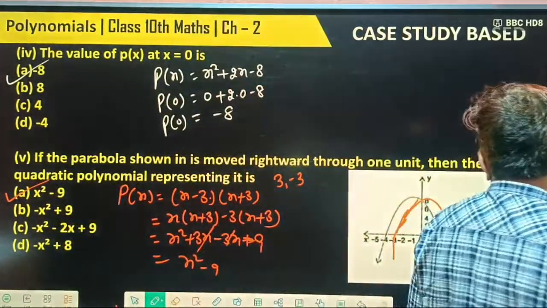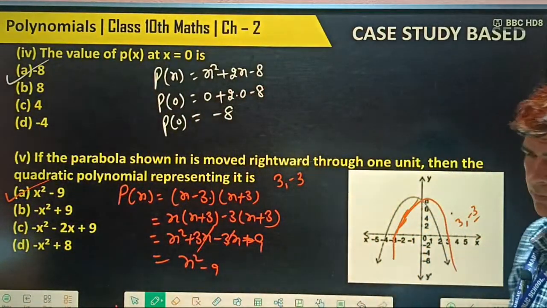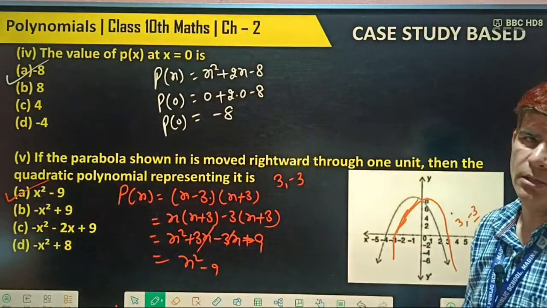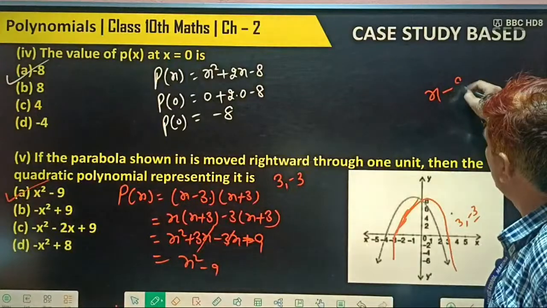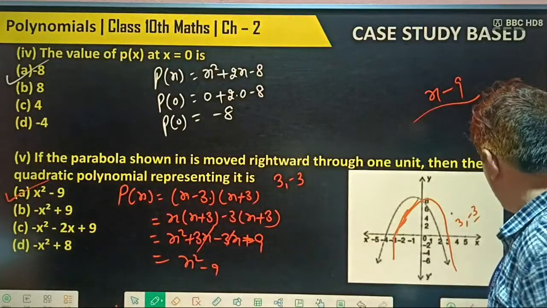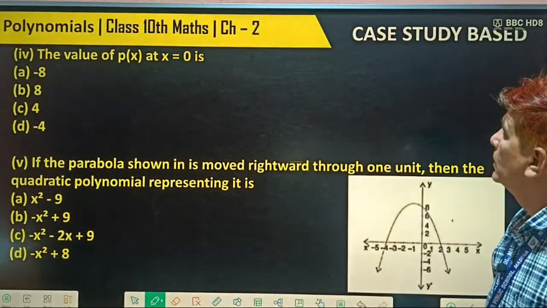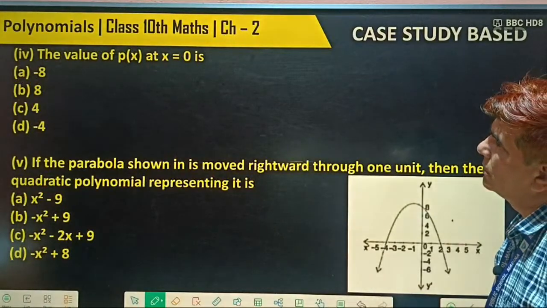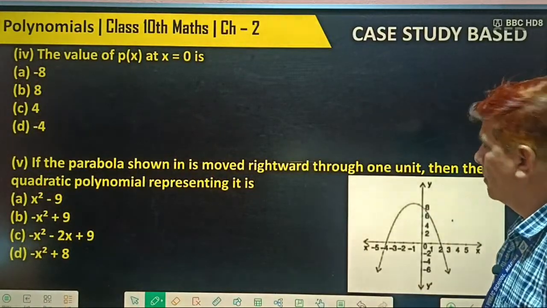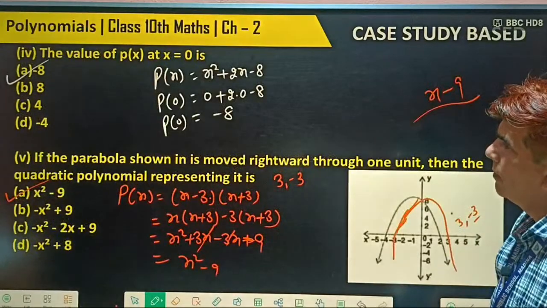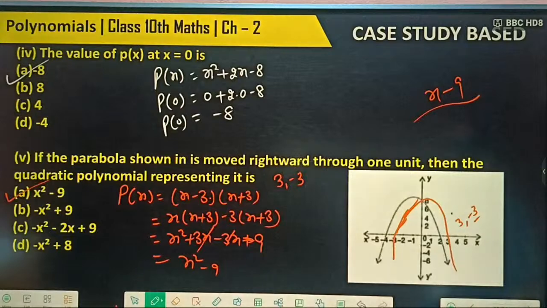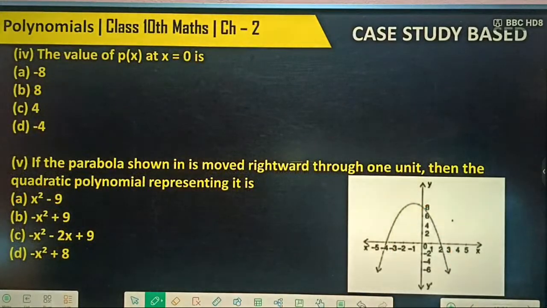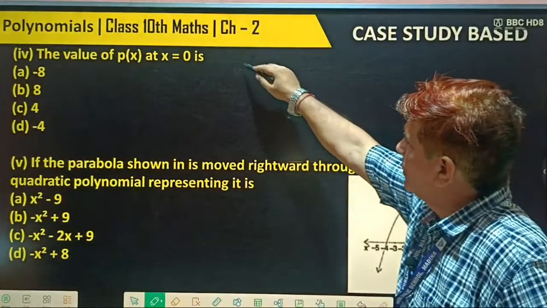If both zeros are negatives of each other, then directly we can say x square minus their square, 9. If it is 3, this. Understood? So this I already told you.